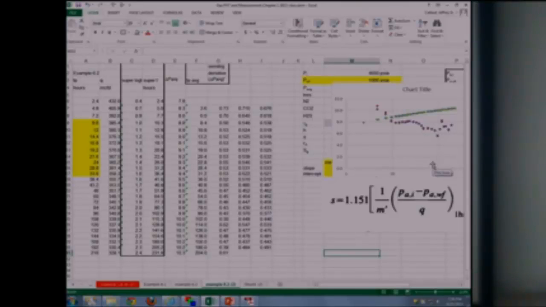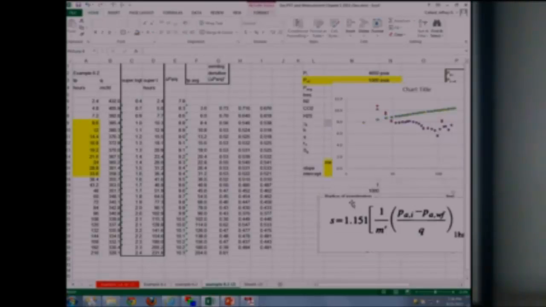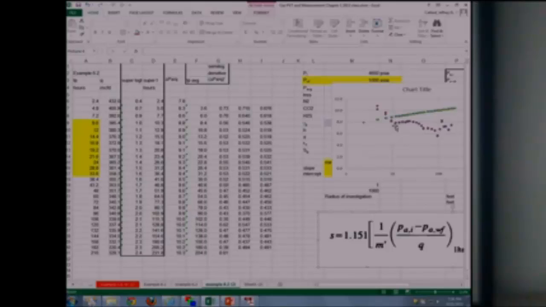Okay, let's calculate permeability and skin. Or let's decide what our best data is. I'd still say 9.6.